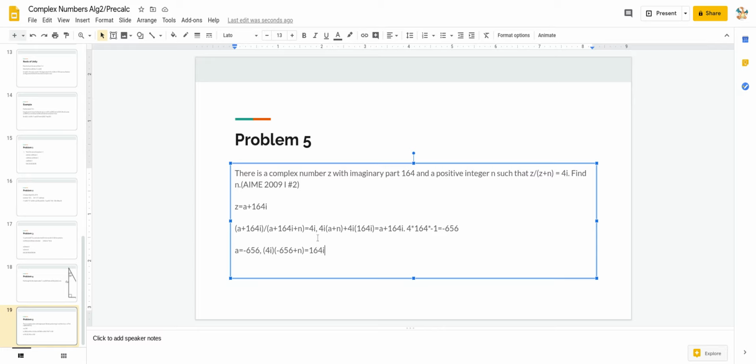If you divide 4i from both sides, you're going to get 41 is equal to negative 656 plus n. So n is equal to 697. So we're done.